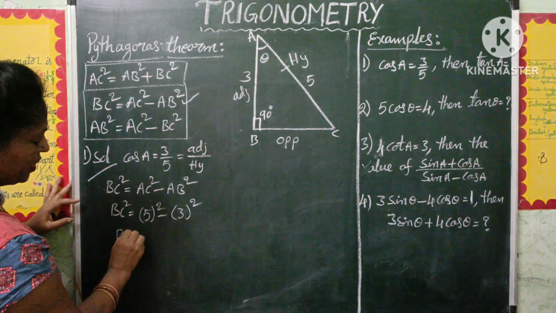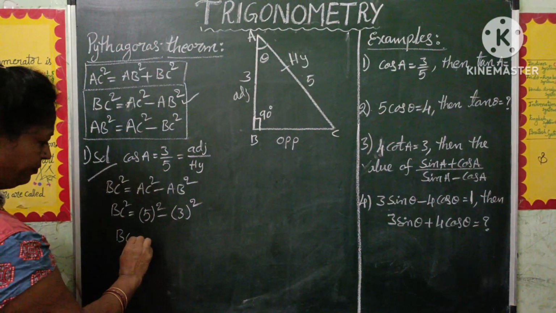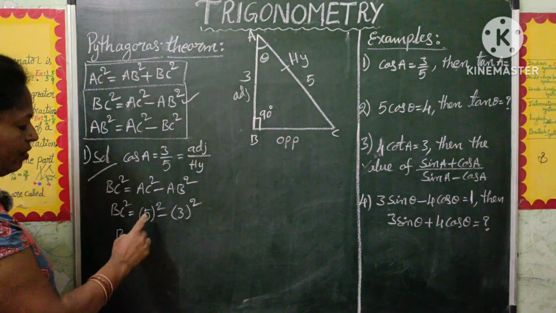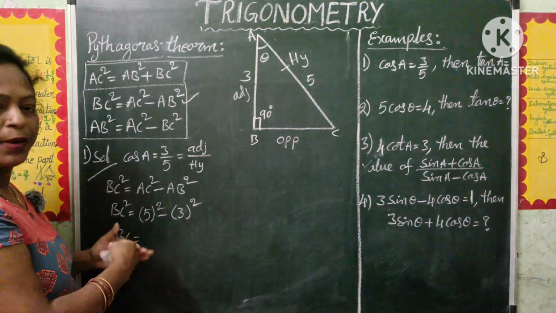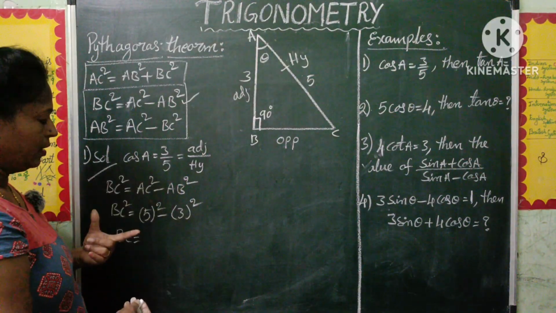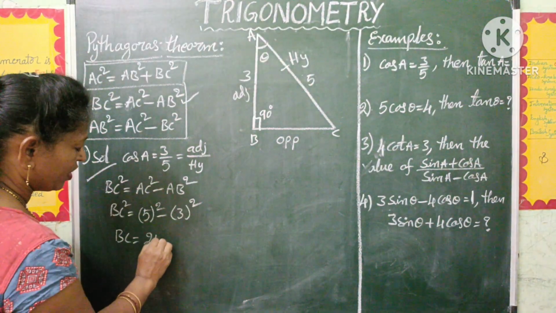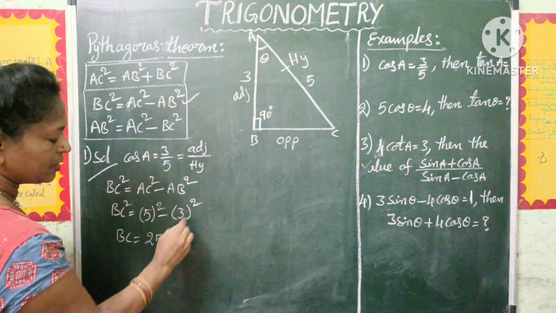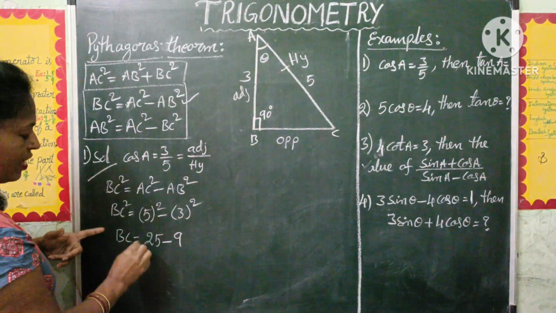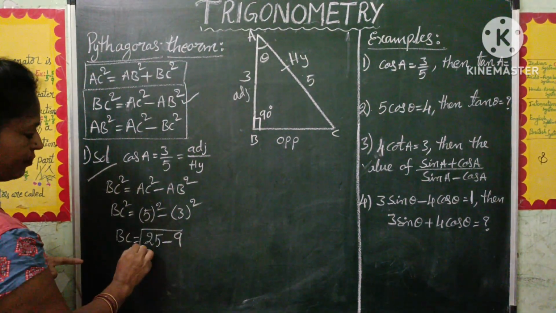Now BC square equal to 5 5s are 25, 5 square means 5 multiplied by itself 2 times, that means 5 5s are 25 minus 3 3s are 9. Here square becomes square root.